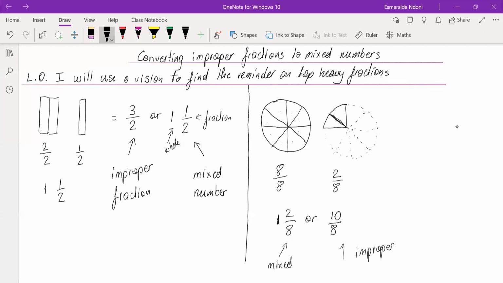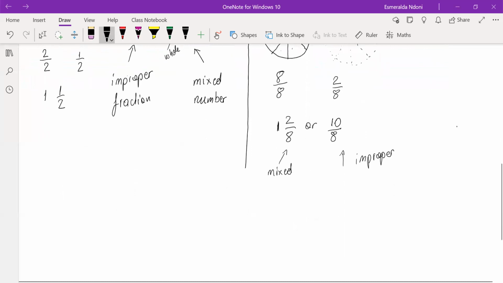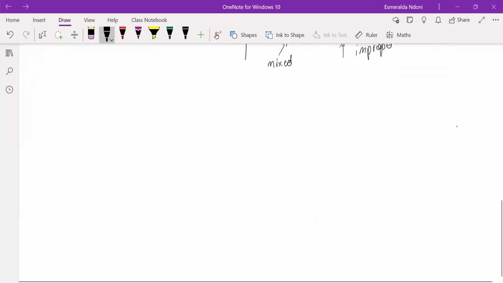Okay, I'm going to move on now to doing some questions without the diagrams, because we won't be able to draw the diagrams all the time. It's really time consuming, and it's really difficult to divide the pizza into 17 parts or 19 parts. It's really tricky. So we're better off learning how to work with fractions without the diagrams.